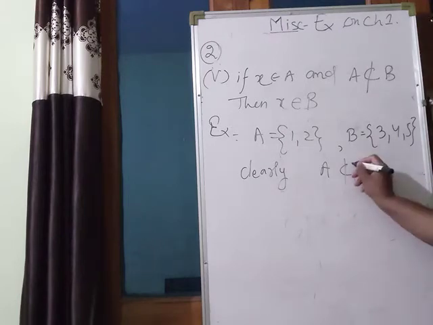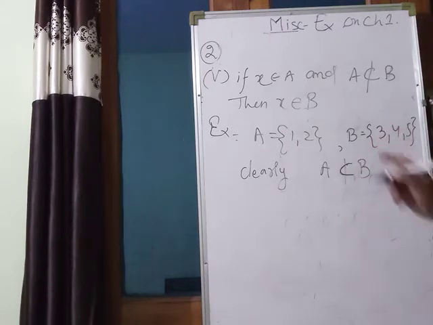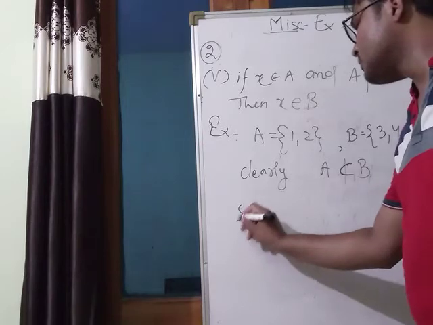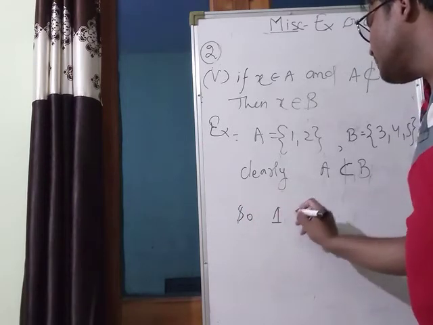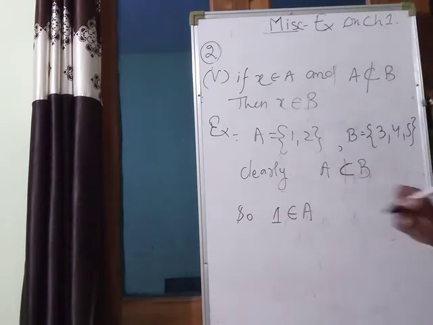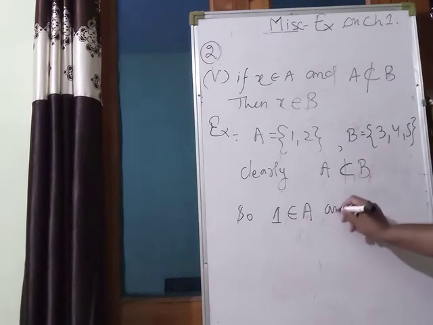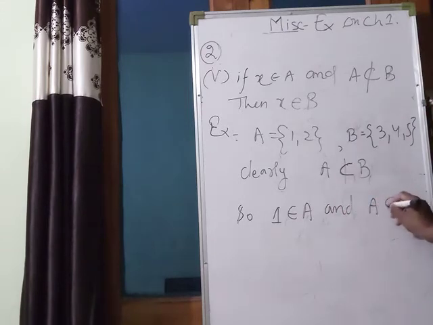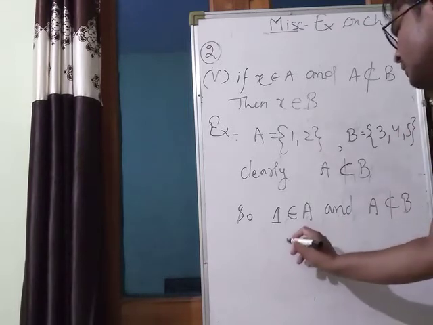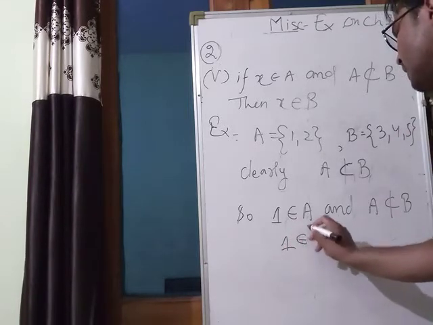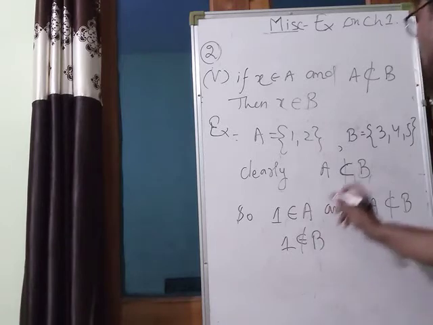A is not subset of B. Okay? So 1 belongs to A and A is not subset of B. In this case you can see 1 does not belongs to B also. 1 B में भी नहीं.